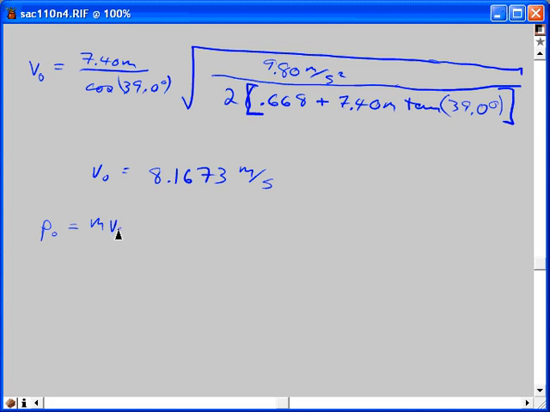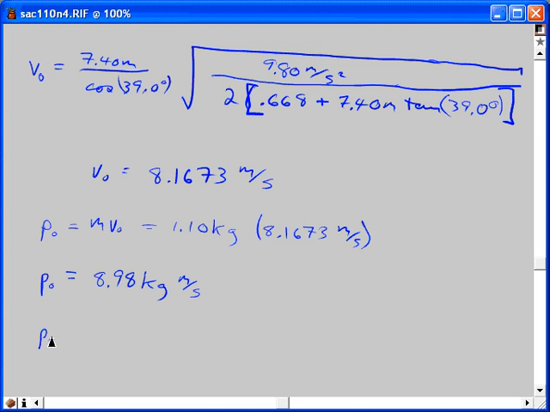That's going to be m v0, which is just the 1.10 kilograms I just looked at, times the 8.1673 meters per second. Plug that into the calculator, and I get p0 in magnitude is 8.98 kilogram meters per second.